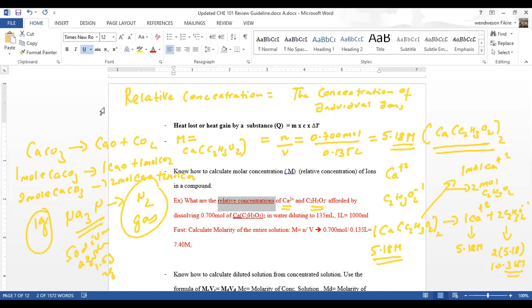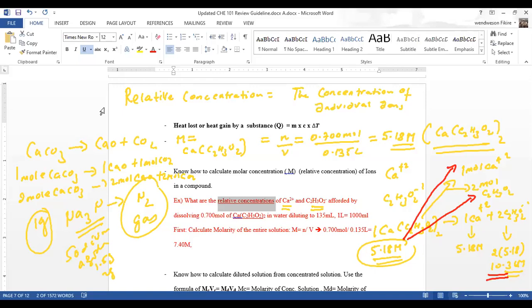Now, we have 5.18 molar, so that 5.18 molar goes directly to calcium, the same amount. Not for the acetate, because it generates twice of that. It doubles that. That is how relative concentration works.